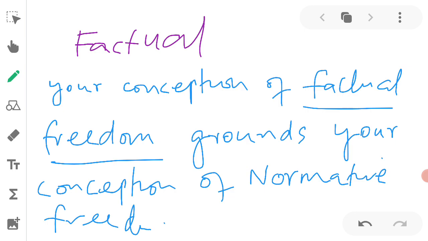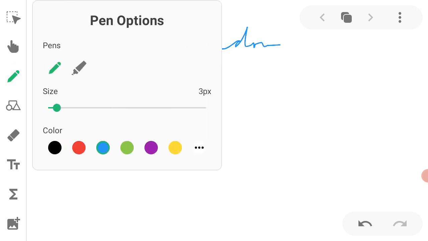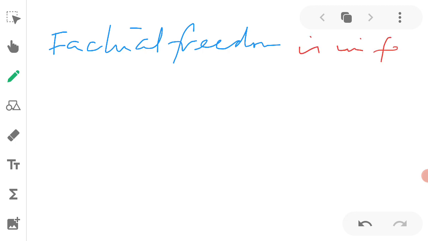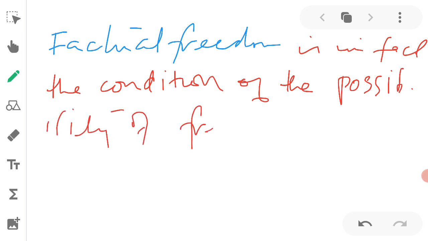To use Kantian terminology, we can say that factual freedom is in fact the condition of the possibility of freedom in the normative sense.